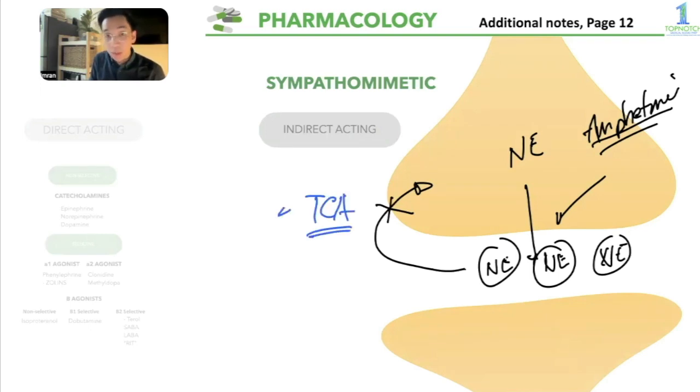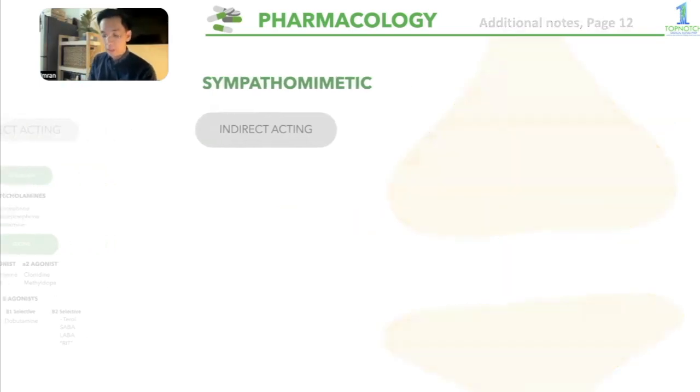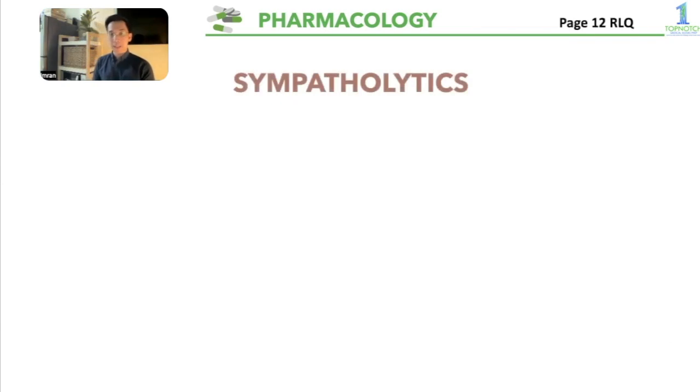It includes TCAs and cocaine. That's why I said earlier, in our pharma board exam question before, which drug has a similar effect to amphetamines? Because their end effect is to have more norepinephrine in the cleft. So these are your indirect acting. They don't act on the receptor itself, but they increase the level of catecholamines.